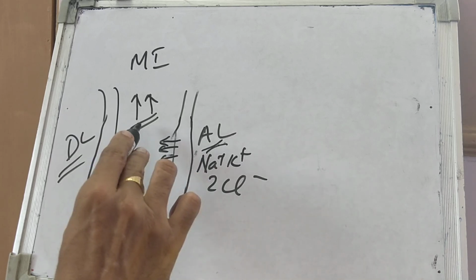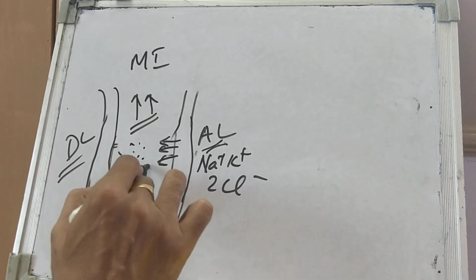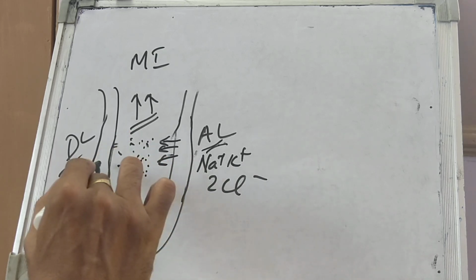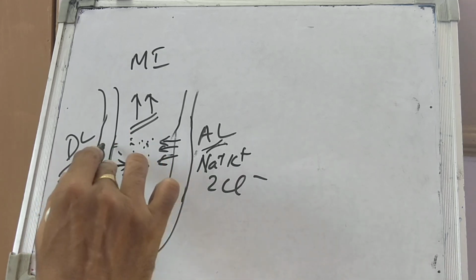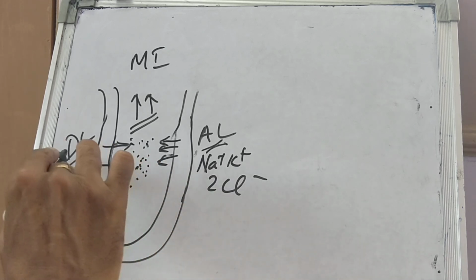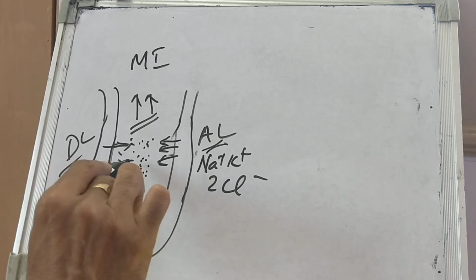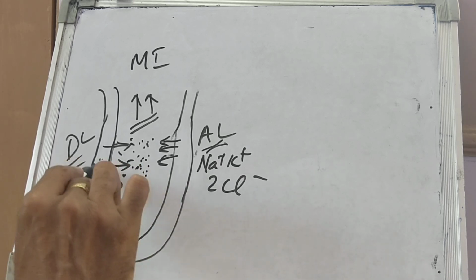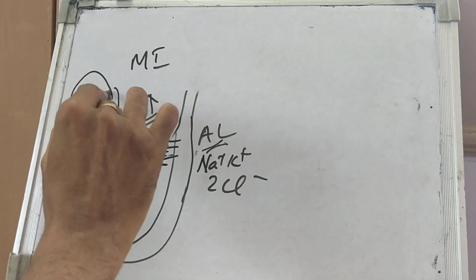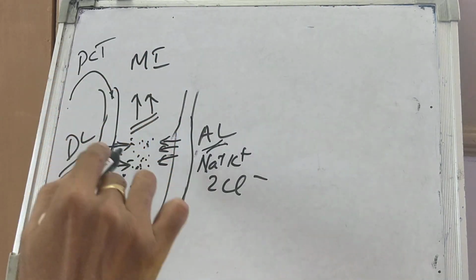And because of the increase in the osmolarity of the interstitium, this will act like a pulling force, and this will pull the water by osmosis from the descending limb, because the descending limb is permeable to water only. So since water is moving out, the solute concentration will be increasing in the descending limb, because the solutes will be entering from the proximal tubule into the descending limb of Henle.